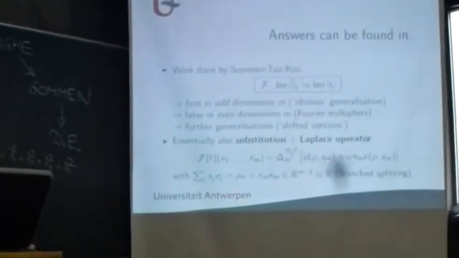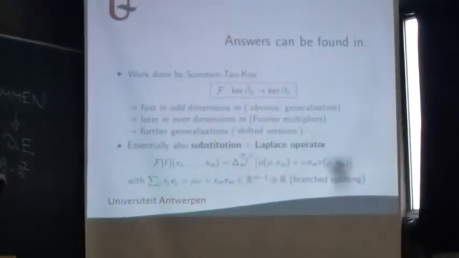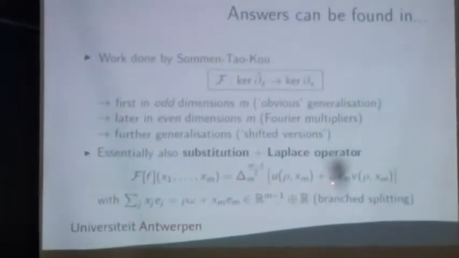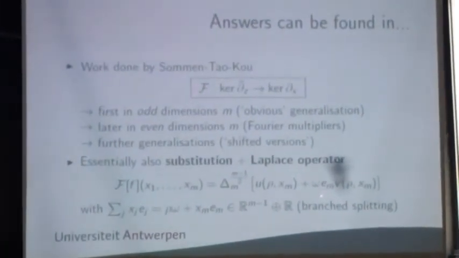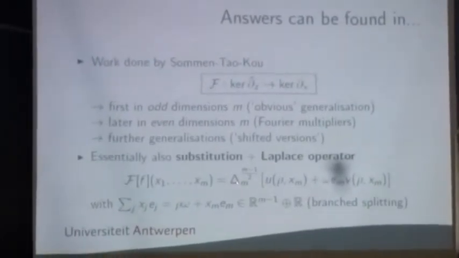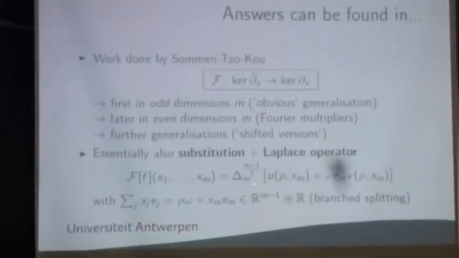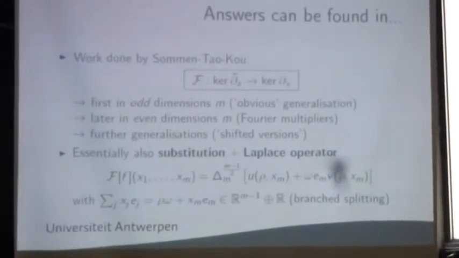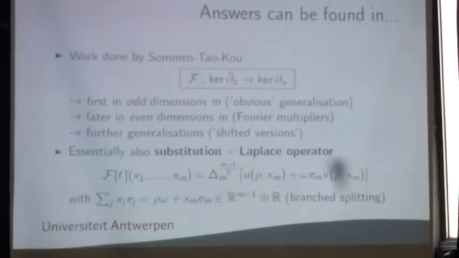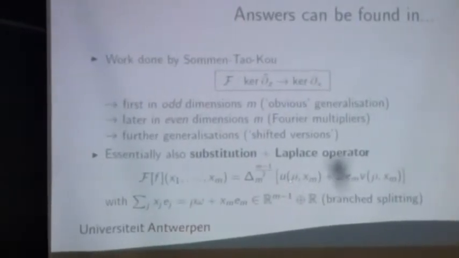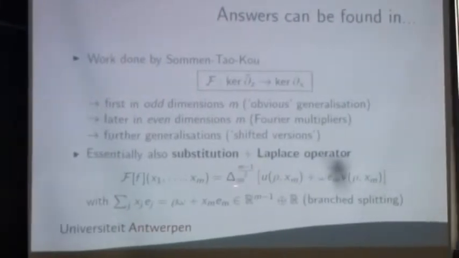So x and y become x_m and rho, which is now a radius. And then the unit vector again pops up there where we have to write the complex unit. So it's a similar system. Only this time, the power of Laplace is getting bigger. It makes sense because in the classical quaternionic case, we had a first power: 3 minus 1 is 2, divided by 2 is 1. This time we get this power.